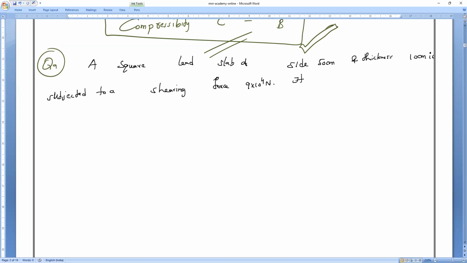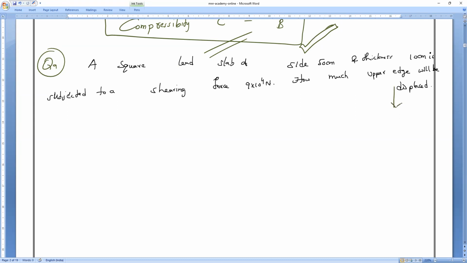How much will the upper edge be displaced? From this question, try to remember the shear stress and tell me how much the edge is displaced, they are asking.